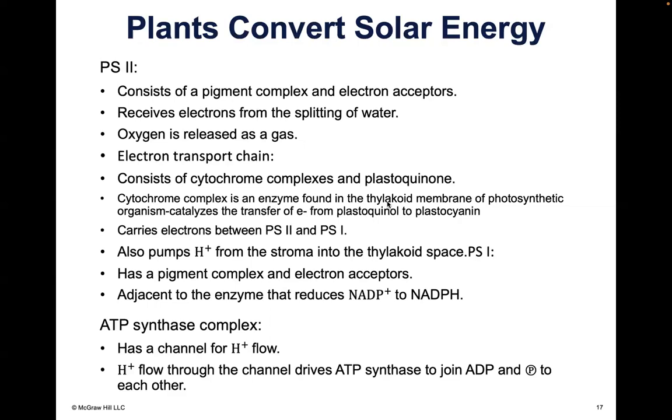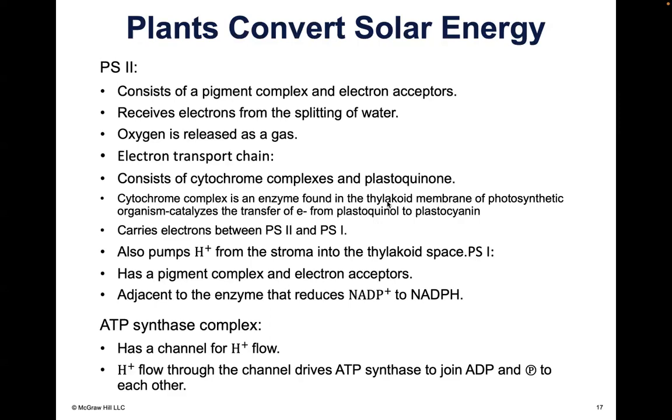Cytochrome complex is an enzyme found in the thylakoid membrane of photosynthetic organisms. They help to catalyze the transfer of electrons from plastoquinone to plastocyanin. So plastocyanin is where the electrons are gathered.